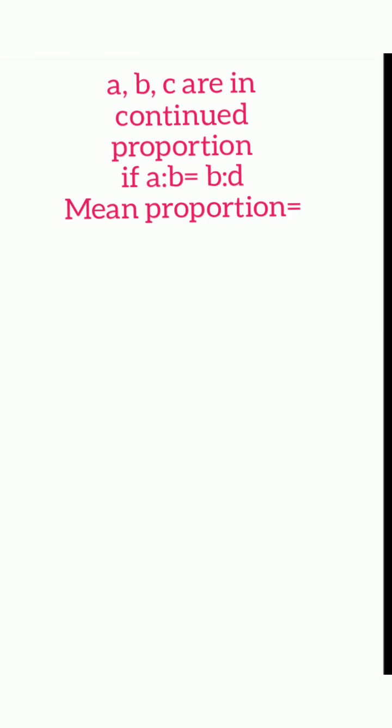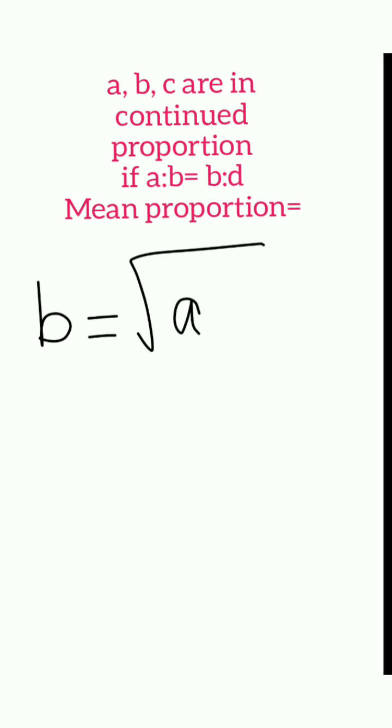So if three numbers A, B and C are in continued proportion, where A is called the first proportional, C is called the second proportional and B is called the mean, we can find out the mean using the formula B is equal to square root of AC. That means the square root of the product of the first proportional and the second proportional.